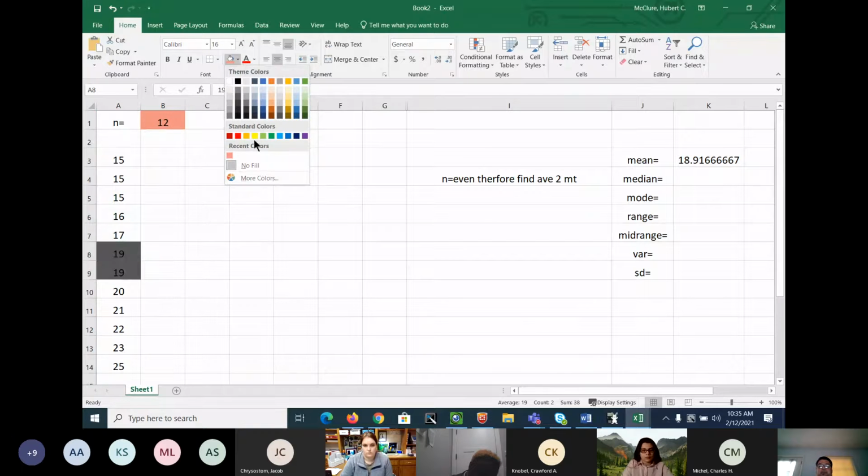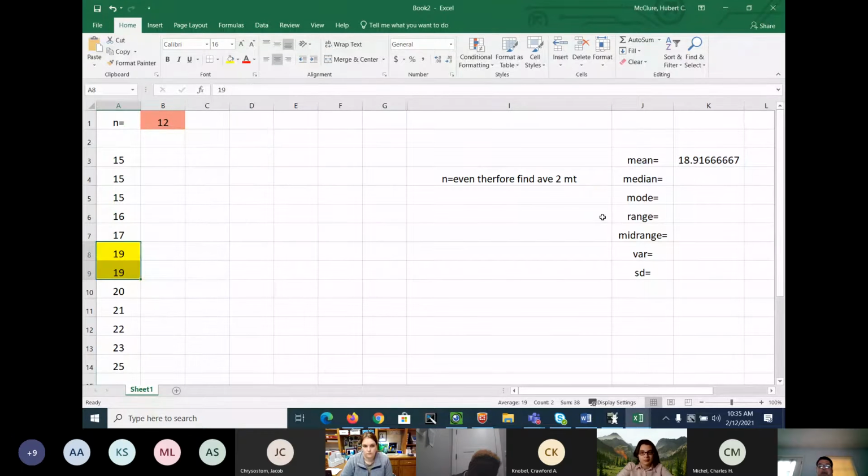Now, I know that the average of 19 and 19 is 19. So I don't need somebody to go, well, why are you averaging the numbers? They're 19. You average those 2 numbers no matter what they are. So that way you know how to do it.